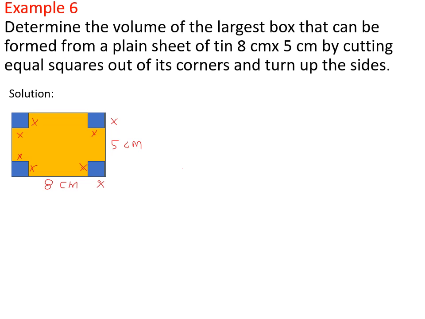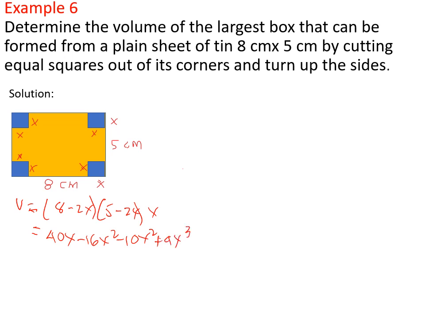Determine the volume of the largest box that can be formed from a plain sheet 8 cm by 5 cm by cutting equal squares out of its corners. So, solution: volume equals 8 minus 2x times 5 minus 2x times x, equivalent to 40x minus 16x squared minus 10x squared plus 4x cubed, or 40x minus 26x squared plus 4x cubed.